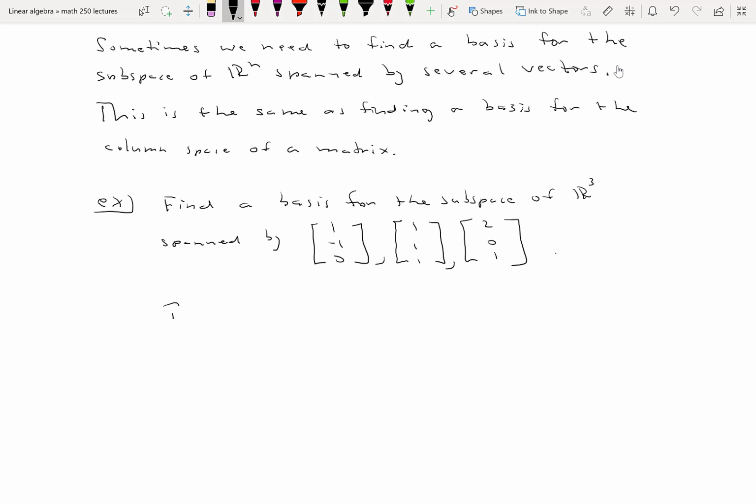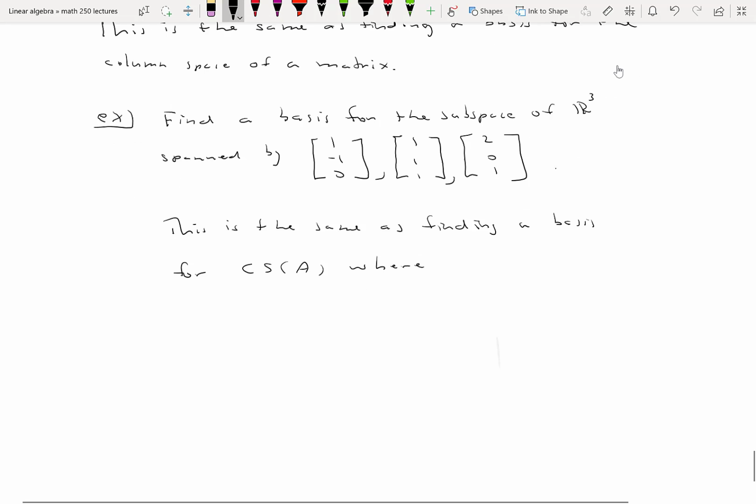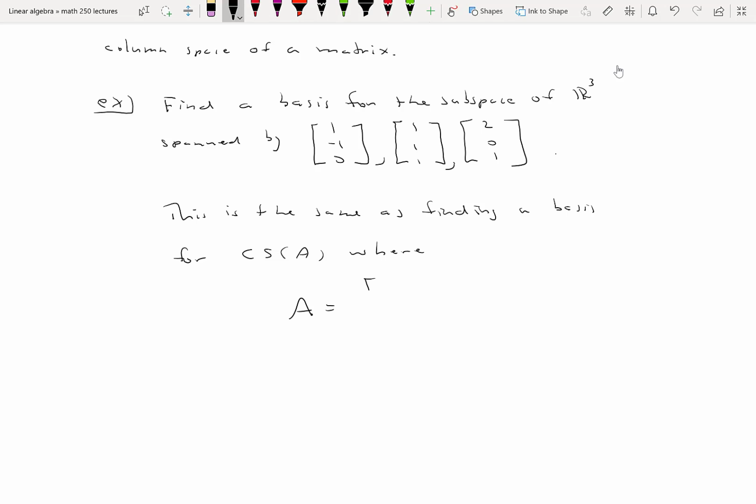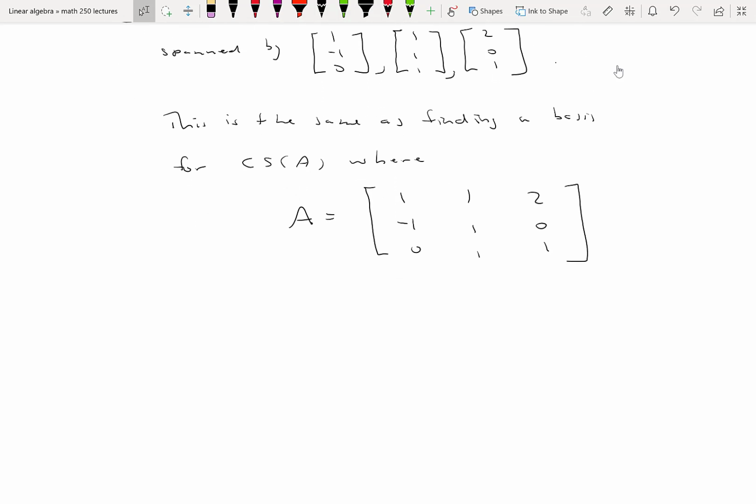This is the same as finding a basis for the column space of A, where A is given by the matrix whose columns are the vectors in question: 1, -1, 0, 1, 1, 1, 2, 0, 1. So let's solve this problem using the procedure that we did in the last problem.